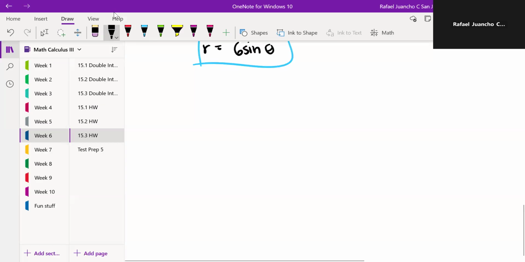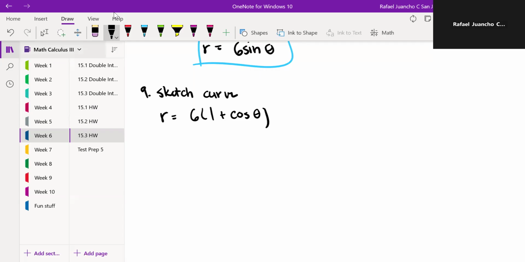It wants me to sketch it, but I think in reality what it wants me to do is convert it to a polar equation. Let me just watch the video and see.